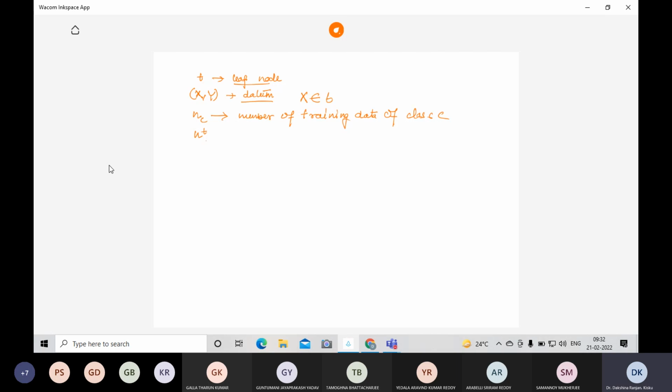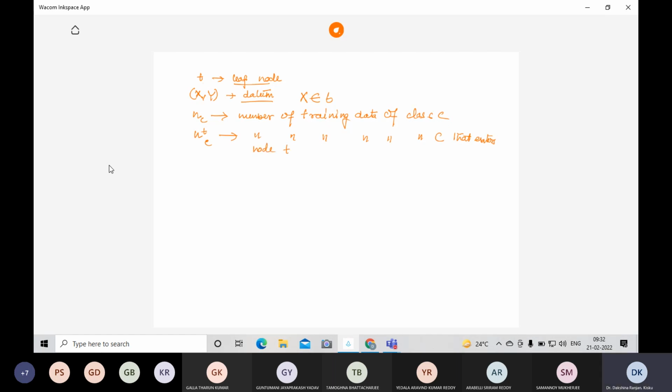Now we can consider another parameter, NTc. What is NTc? NTc is the number of training data of class c that enters node t.